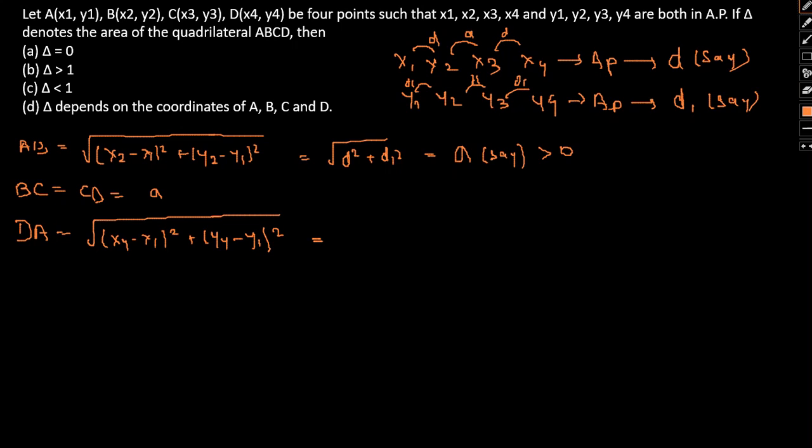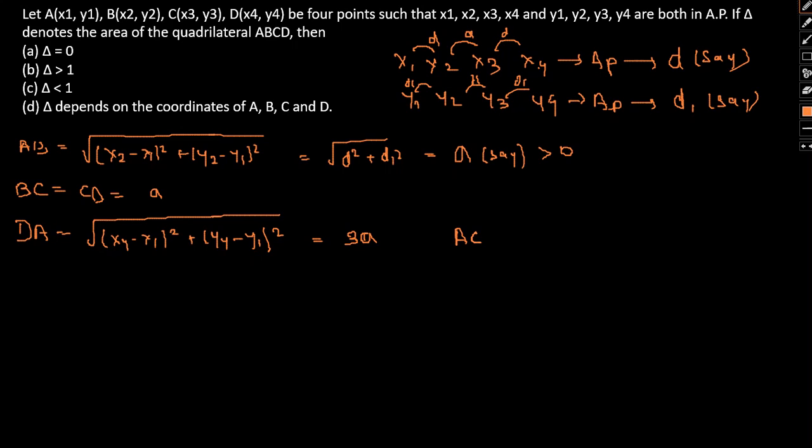If we join the same, x4 minus x1 is D plus D plus D, which comes out to be 3D. So it will be 3D square, 3 times the value, because there are 3 distances involved. So this will be 3A.